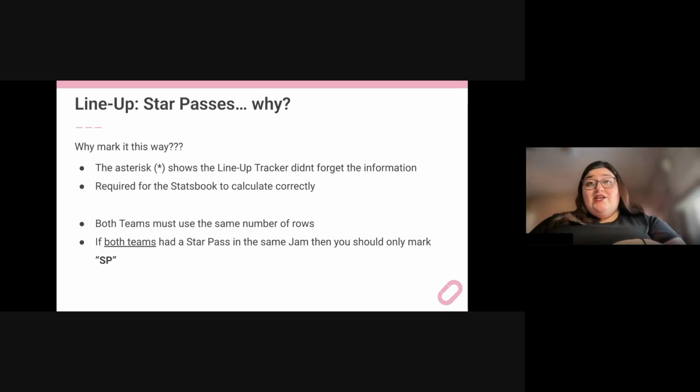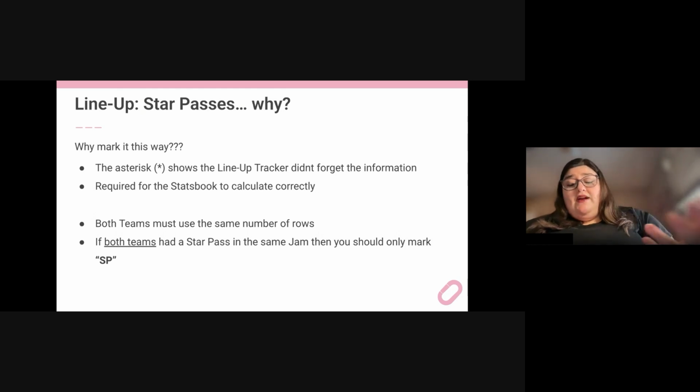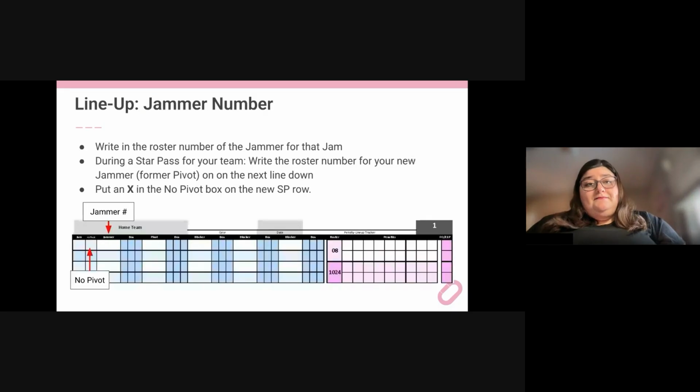If it doesn't match up, it's going to be a lot of detective work for your head NSO. So both teams are going to use the same number of rows. And so if both teams had a star pass in the same jam, you only mark SP. And that tells me when I'm reviewing the paperwork after the game what happened in that jam.